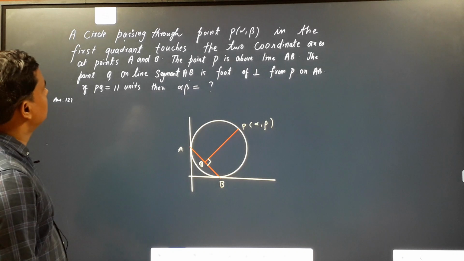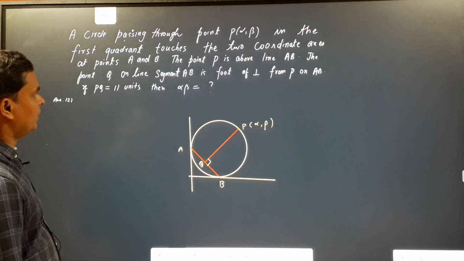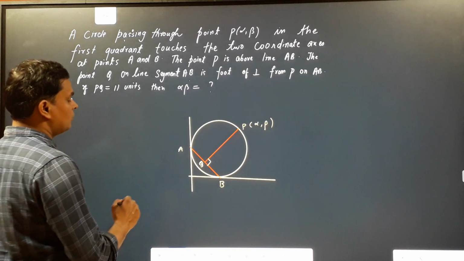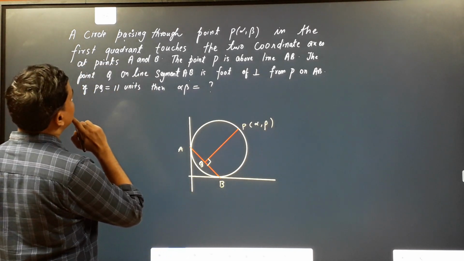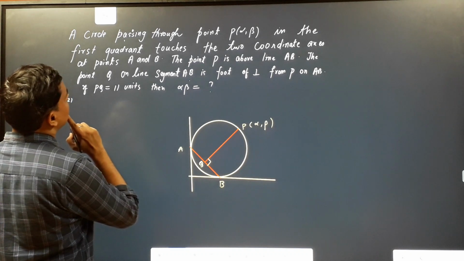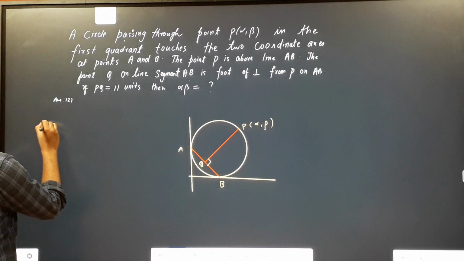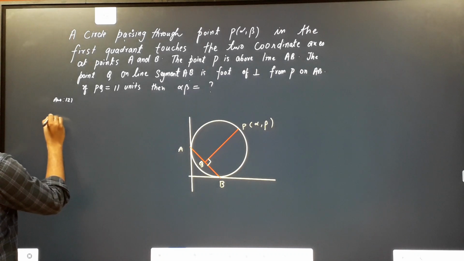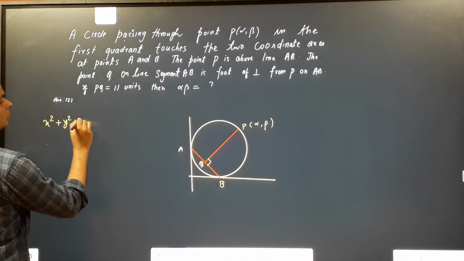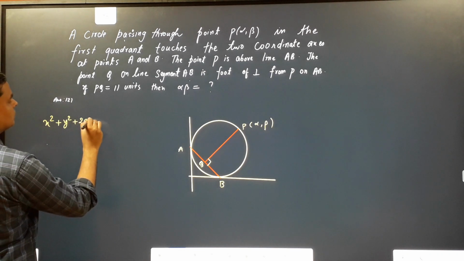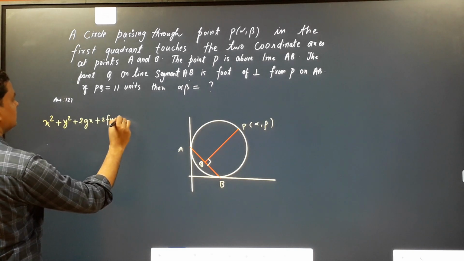In the question, the circle passes through P in the first quadrant and touches the two axes. Let us say that the equation of the circle is x square plus y square plus 2gx plus 2fy plus c.